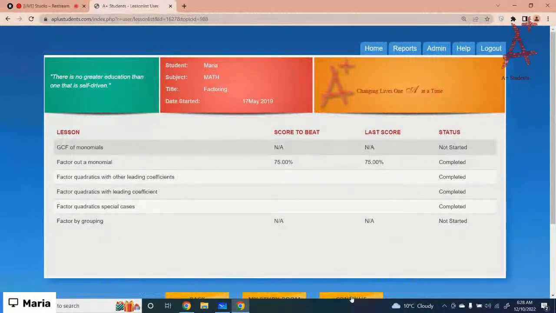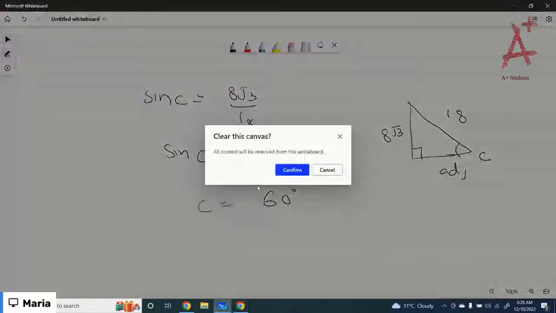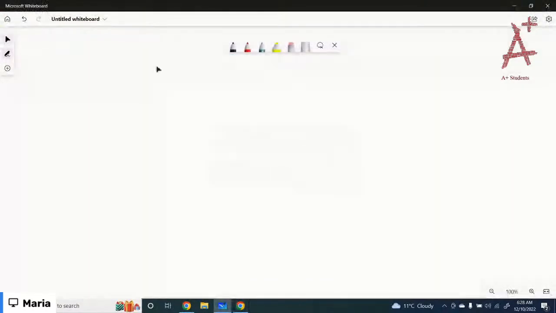Let's just start with the first lesson, that is GCF of the monomials.